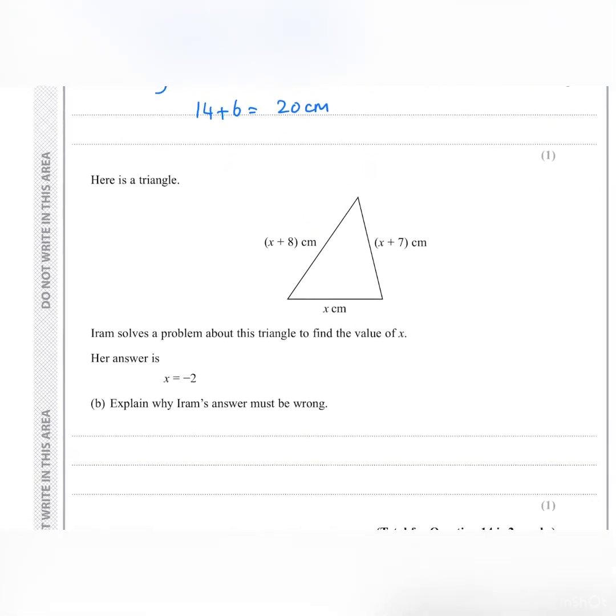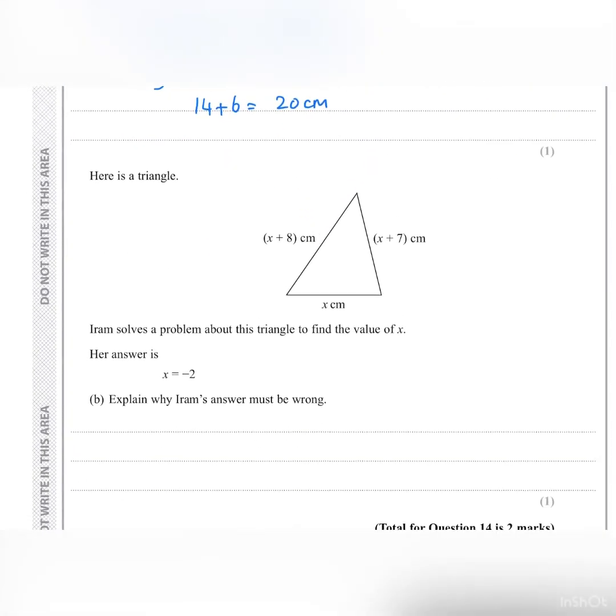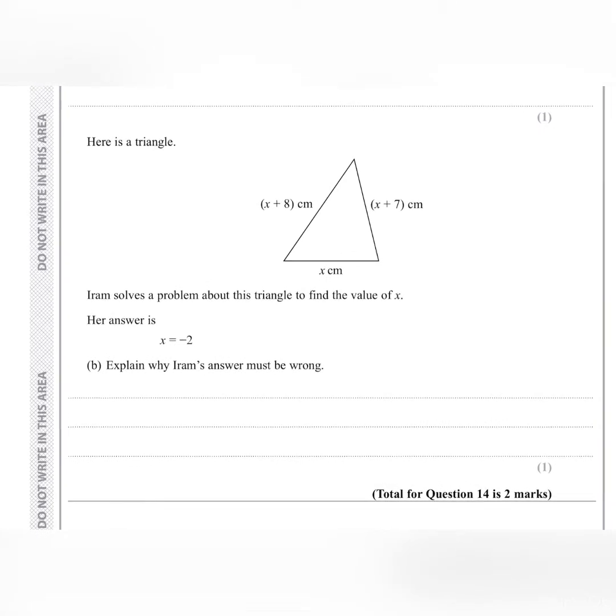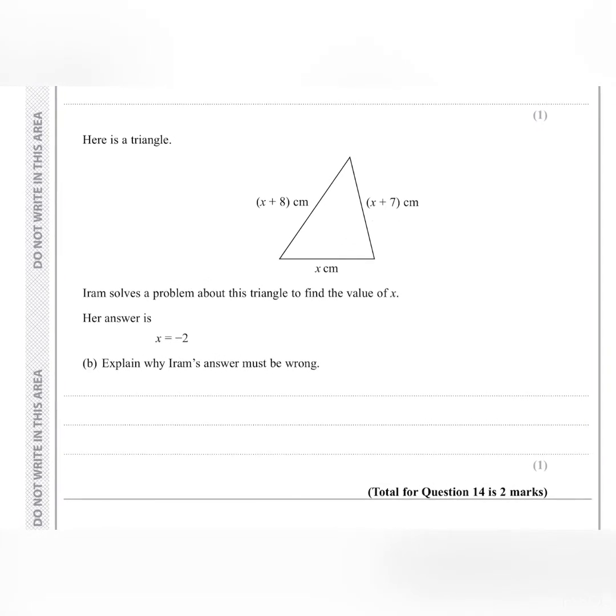Okay, the next one, he says, here's a triangle, and we're given some expressions as the lengths of each side. It says Iram solves a problem about this triangle to find the value of x, and her answer is -2. Can you explain why Iram's answer must be wrong?